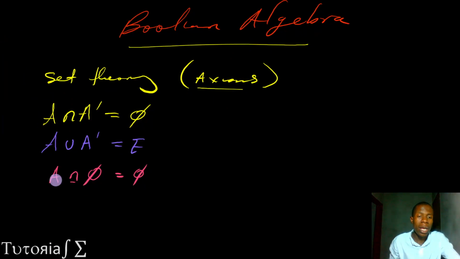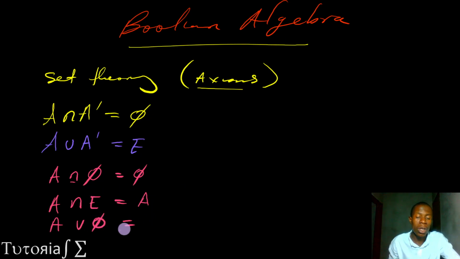Okay. So maybe we can also have the set A intersected with the universal set. What do you get when you intersect the set A with the universal set? You're going to get back the set A. What about the set A union an empty set?